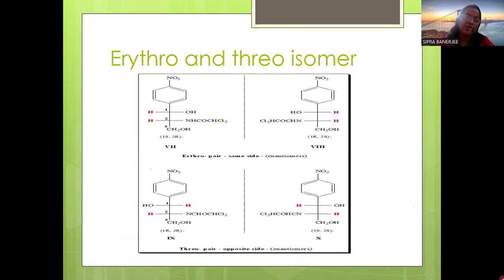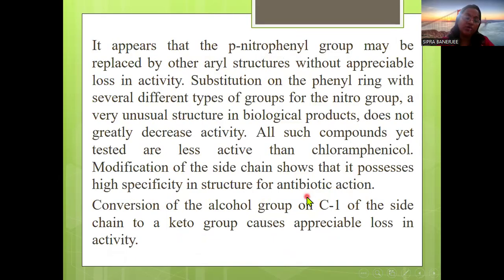If you see the mirror images, there is an erythro pair and a threo pair. Now you can see the structure. Okay, this is the L-threo isomer.